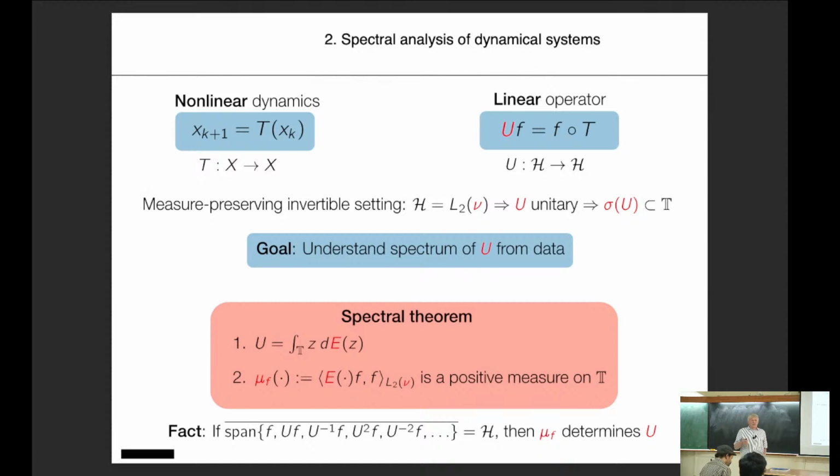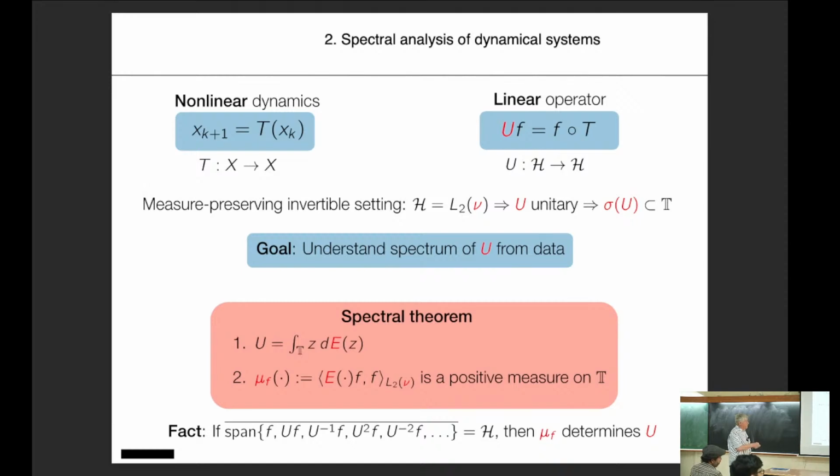One of the basic ideas of von Neumann and then Koopman, his collaborator, I think student, was to transform the dynamics to look at it from the perspective of observables. Namely, you take functions on the state space and you see how the dynamics influences the functions by composition along the orbits. So this is the idea.